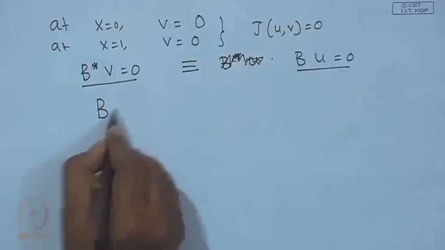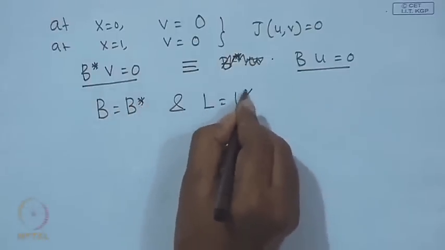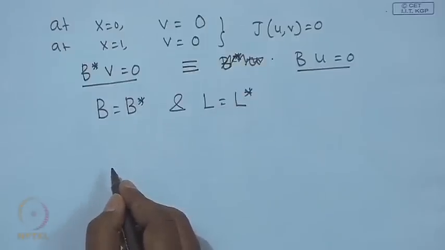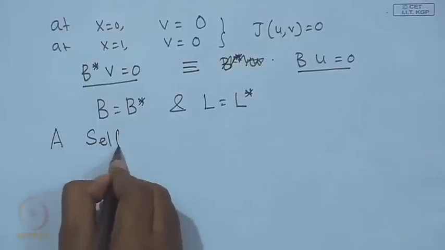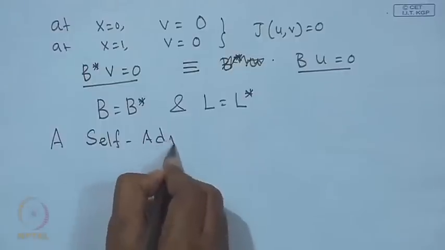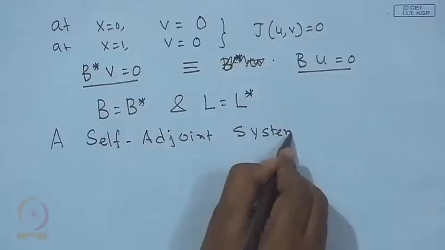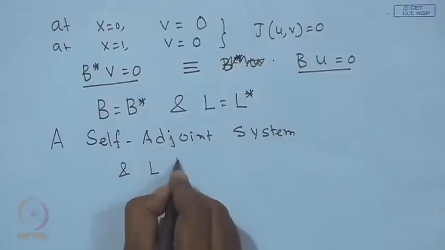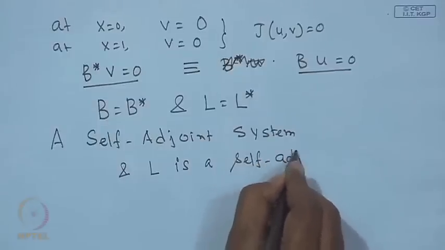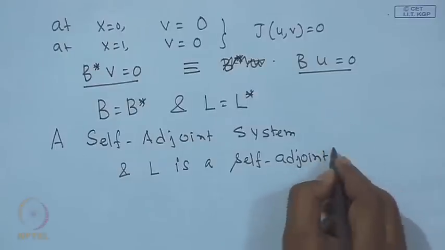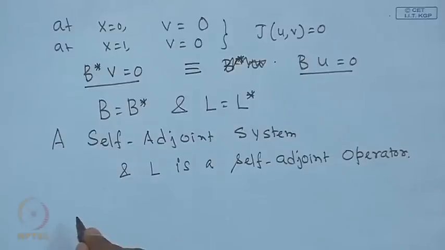So, B is equal to B star in this particular case and L is equal to L star in this particular case. So, therefore, this is a self adjoint system and L is a self adjoint operator.